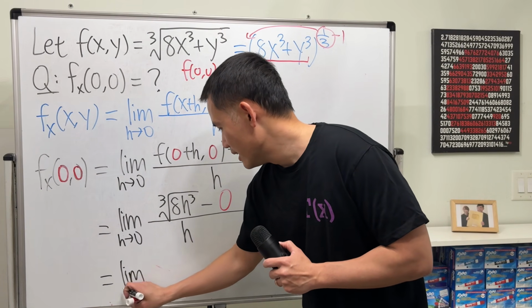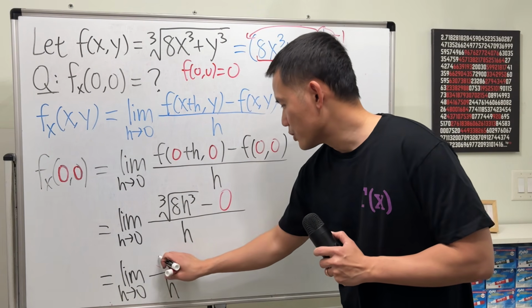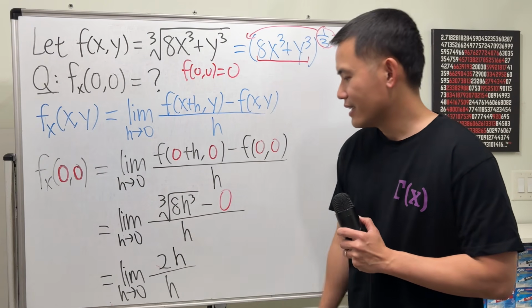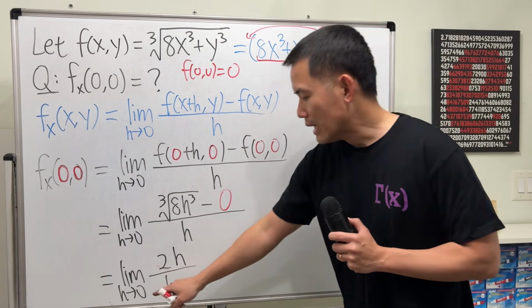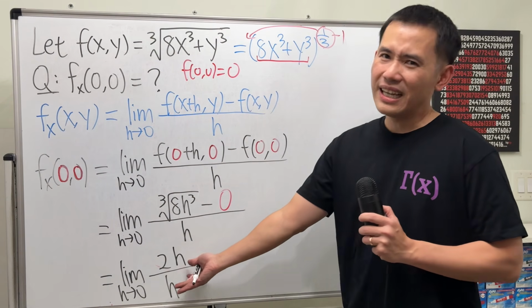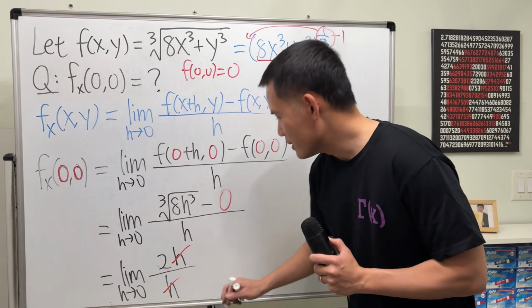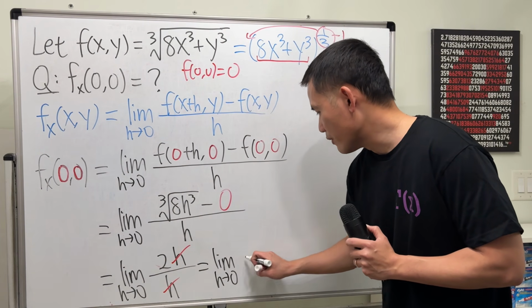This is the limit as h approaches 0. The cube root of 8 is 2, and the cube root of h cubed is just h. And remember to do this inside out. Do not plug in the 0 into here and here and say that's also 0 over 0. No, don't do that. Cancel out the h first, and then you look at this as the limit as h approaches 0 of just 2.